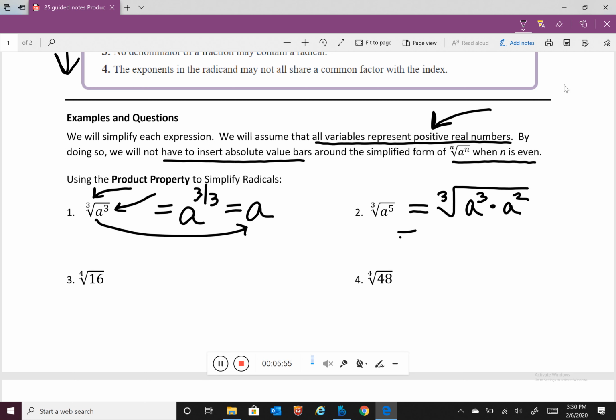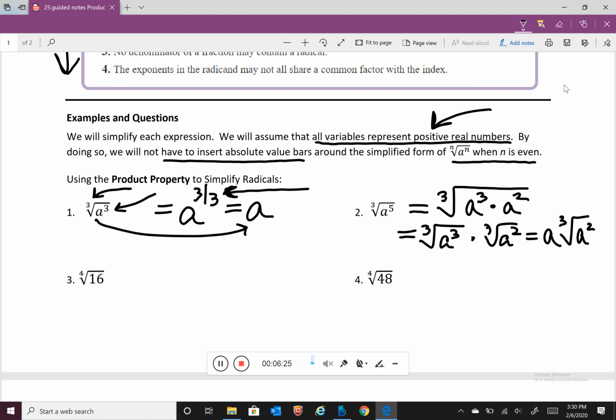So now we can use our product property and say the cubed root of a cubed times the cubed root of a squared. But as we said from problem 1, the cubed root of a cubed is just a, and then we're left with the cubed root of a squared. Now another way we can think about this is by thinking about this in exponential form.